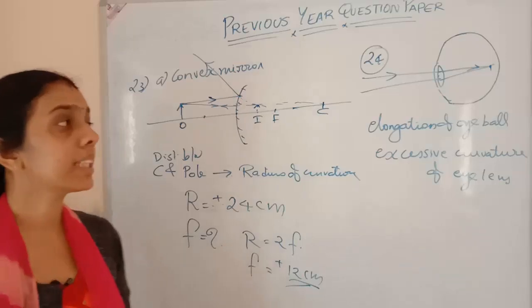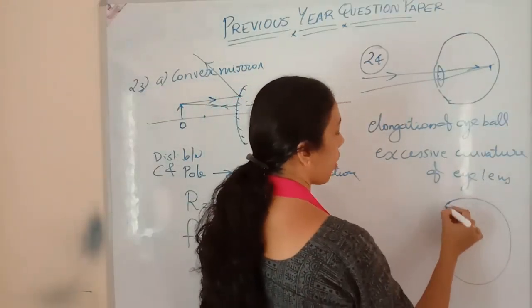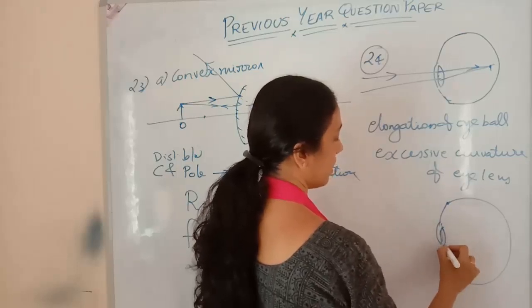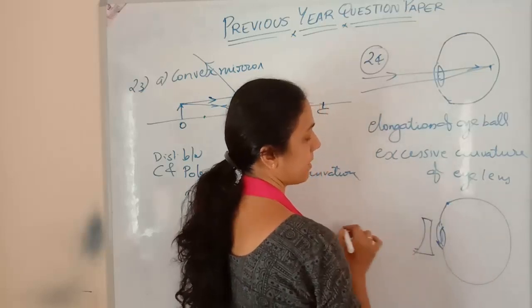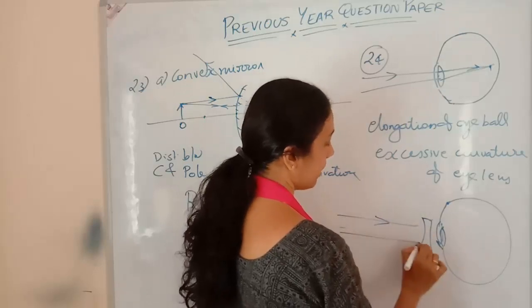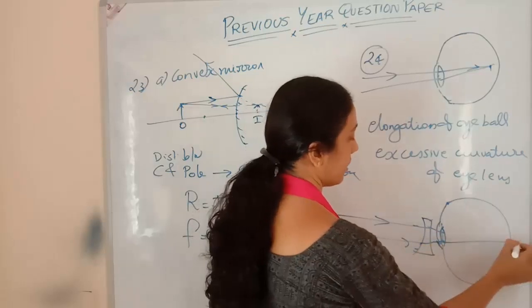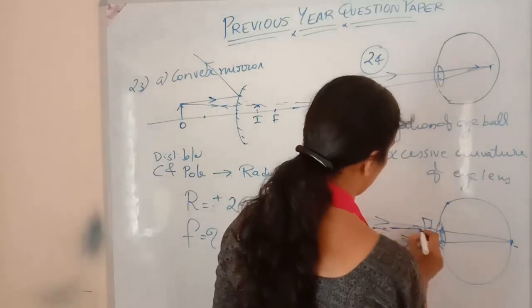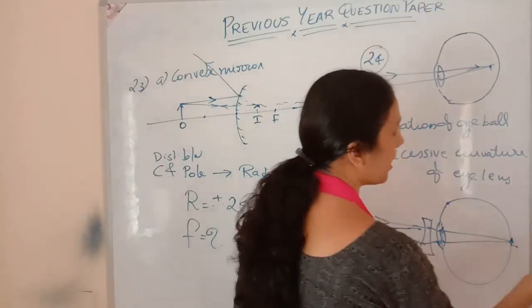So how can we correct that? We can correct this using a concave lens. Here the rays which are coming like this will diverge and go, and that will form an image on the retina.